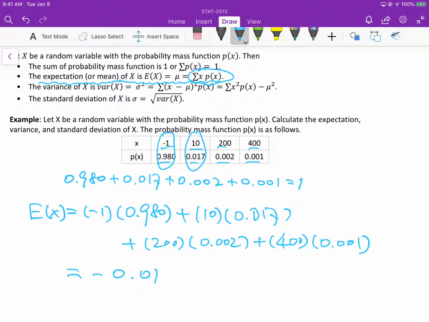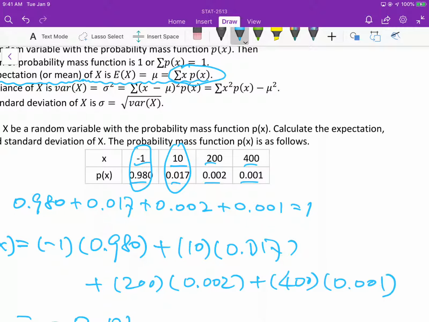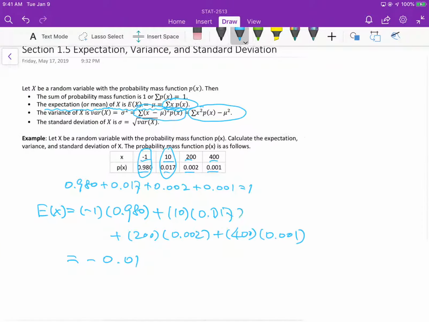Now we want to calculate the variance of x. There are 2 possible formulas to calculate it: the first one here and the second one here. Usually, the second one is much easier to use, so let's demonstrate the second one.